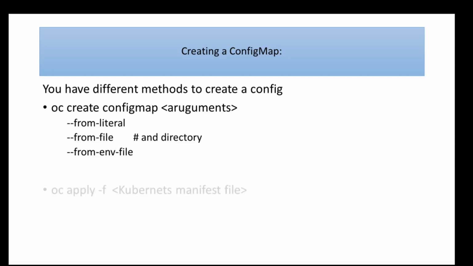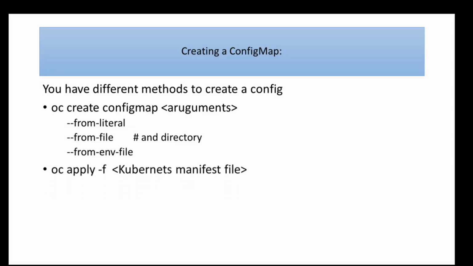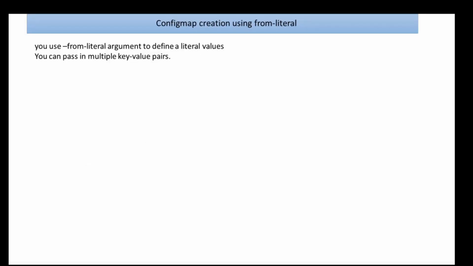Also we have oc apply, like how we create other objects using a Kubernetes manifest file. In the previous slides we saw what a config map structure looks like. In the same way you create a config map file and just apply it in the Kubernetes environment, and that will create a config map.